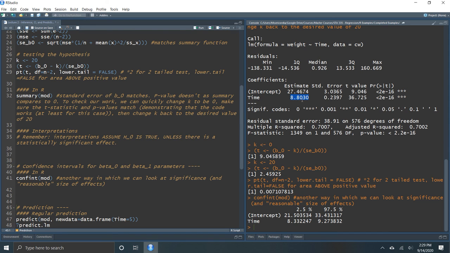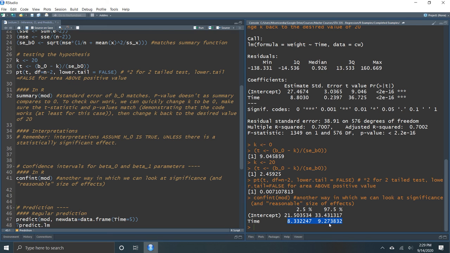So though we can do a specific point interpretation for time, recall that this value is always going to be wrong. But the 95% confidence intervals often offer a reasonable standard by which we can say, well, we're pretty sure that it's going to go up between about 8 and 9 for every unit increase in time, or 8.33 and 9.27 for every unit increase in time.